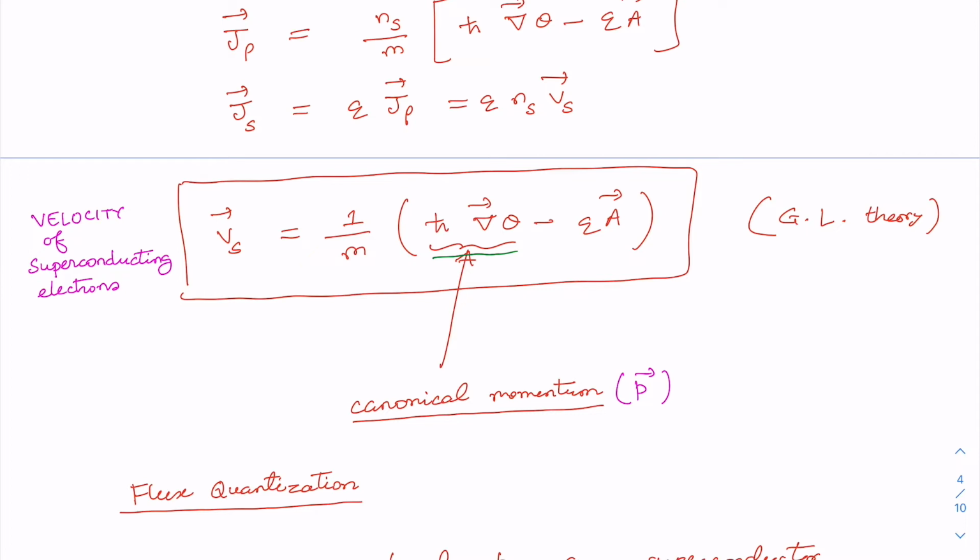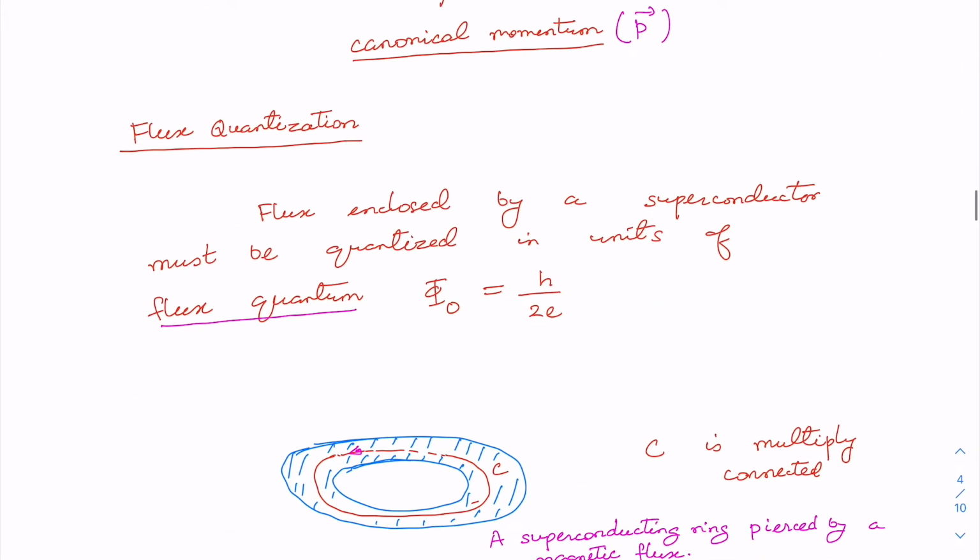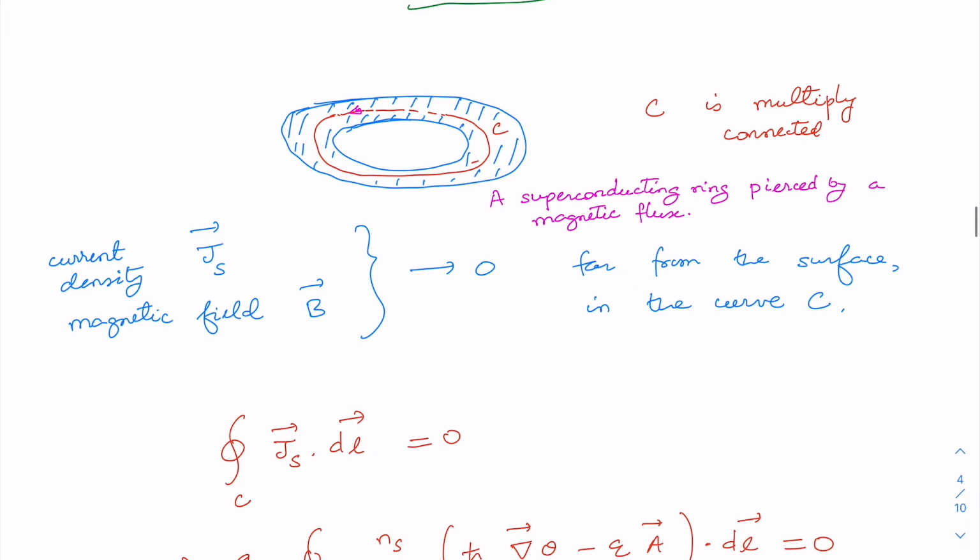Then we went on to do the flux quantization and showed that the flux enclosed by a superconductor must be quantized in units of the flux quantum phi 0 equal to h by 2e, which we proved. To prove that, we took a superconducting ring pierced by a magnetic flux, and we took a contour there, a curve in a multiply connected region, far from the surface.